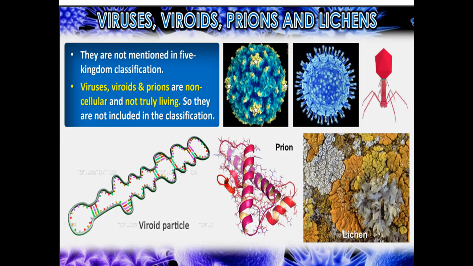They are not truly living, meaning outside the host, outside the human body or any body. What do viruses do? They infect organisms and cause diseases. But when the same virus is outside, it is not living. It cannot reproduce, it cannot eat, nothing.